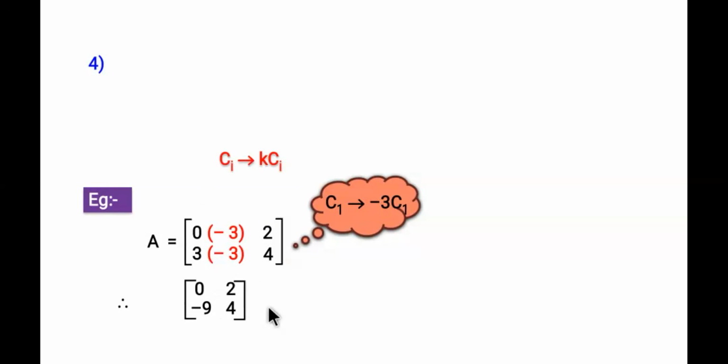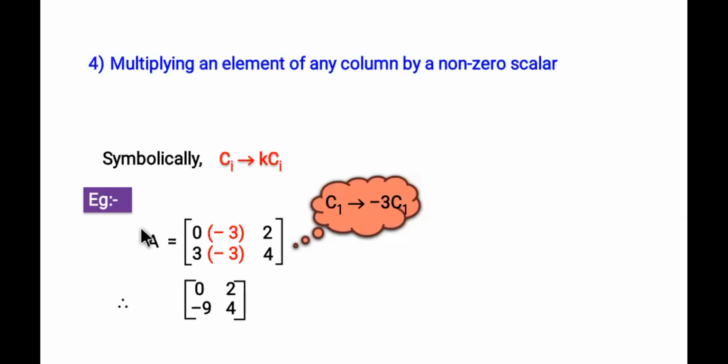So symbolically you can represent it as Ci changes to k times Ci. When you are changing one particular row or column, the other rows and columns will stay as they are. Nothing will happen to the rows and columns where you are not using any operation. I'll explain this again in the notes, so no need to worry.